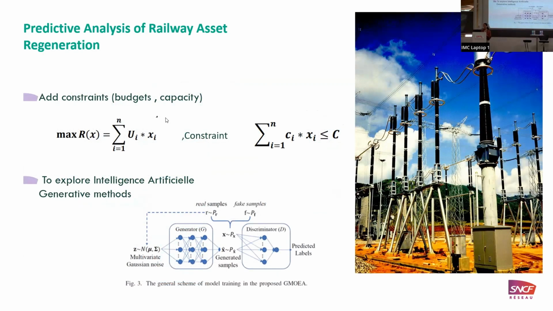By application, the first rule: if we take an example that the global budget is equal to C, so we have to find the operations respecting this condition. Also, in parallel, we are exploring generative artificial intelligence methods.